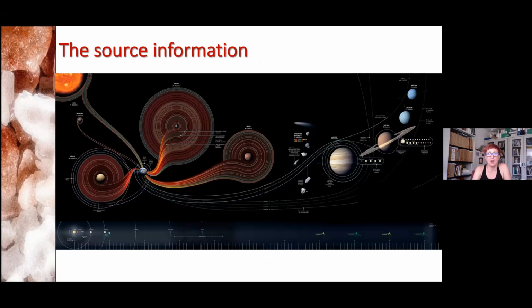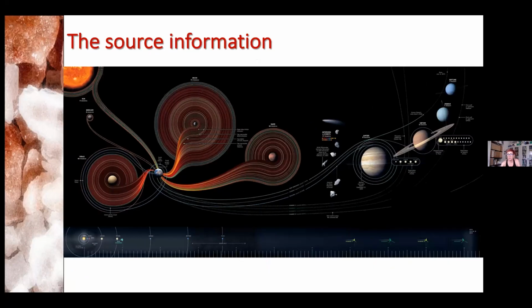And I want to start with this beautiful panel from NASA that probably you've seen elsewhere, which shows how many space missions have been launched to the outer solar system in comparison to the inner solar system. You can see in hot colors the inner solar system missions, and in cold colors those for the outer solar system.